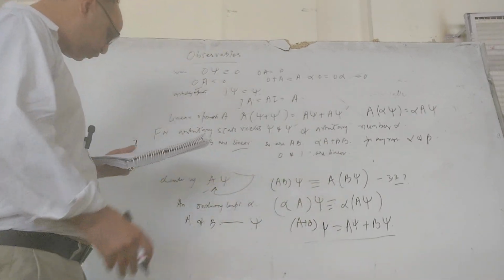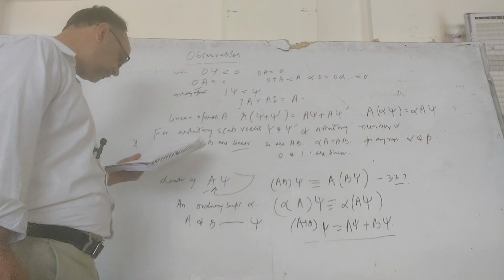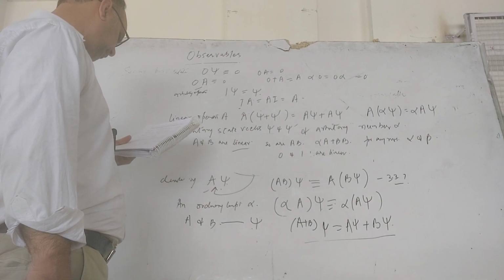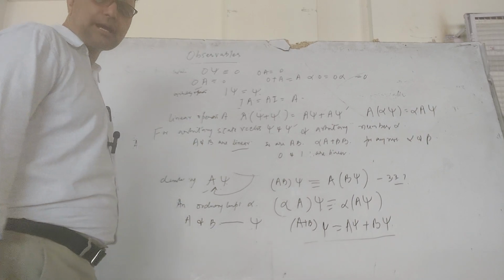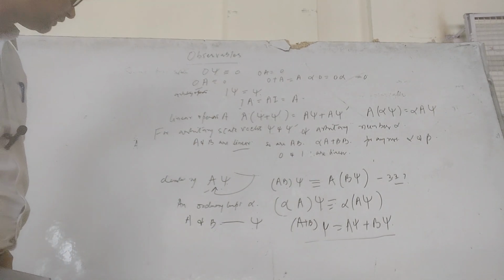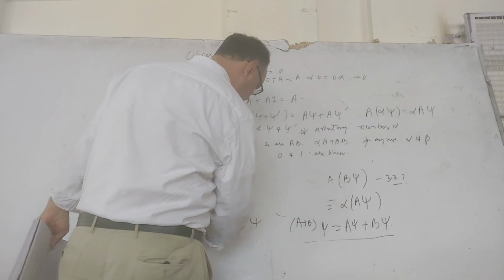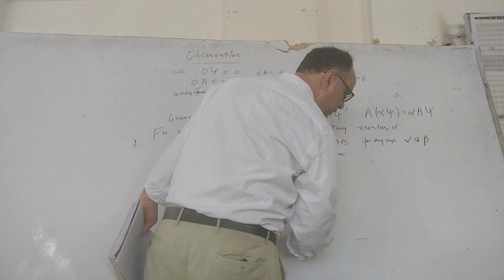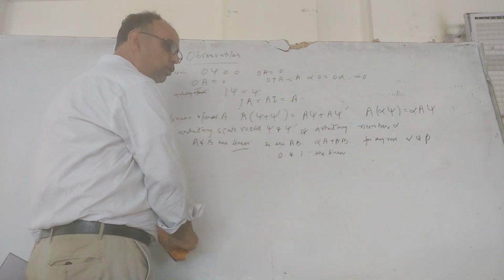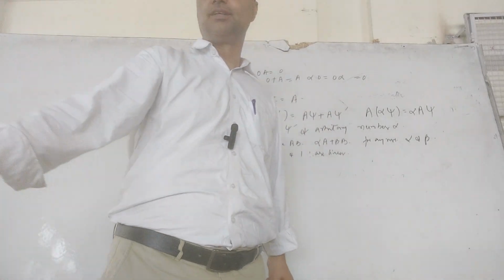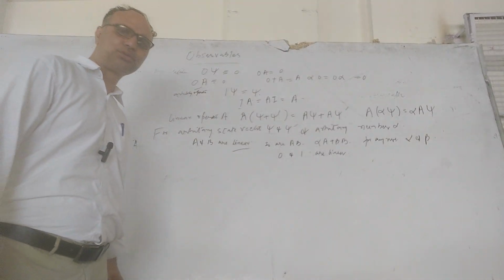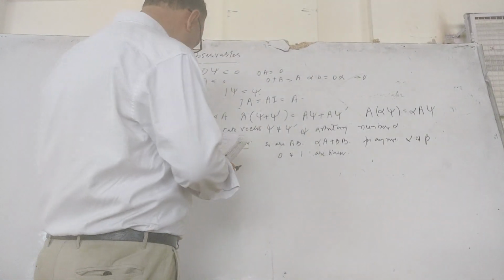So how can you translate this? Now the adjoint of an operator is defined as follows. In quantum mechanics, we normally talk of properties of a self-adjoint operator, an operator having the property of being self-adjoint.